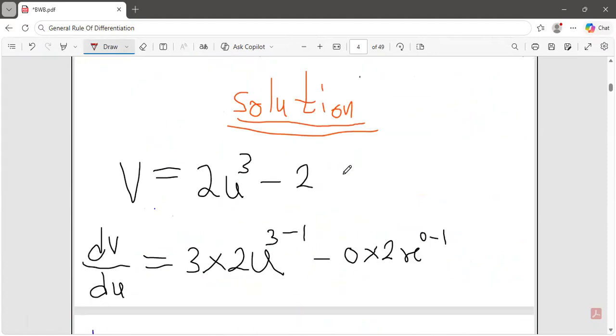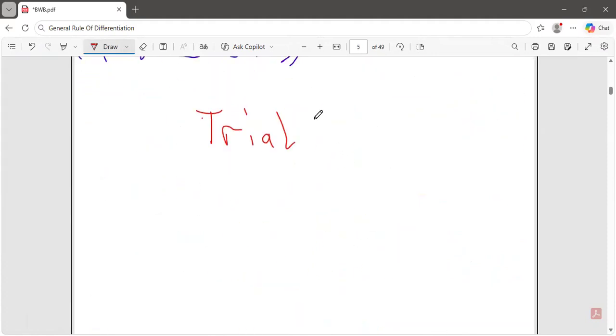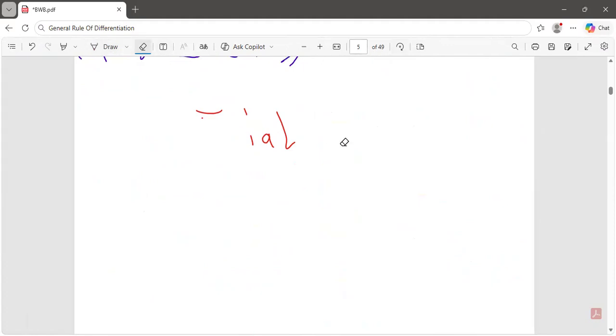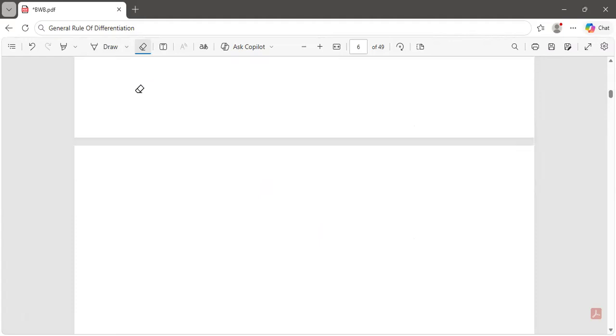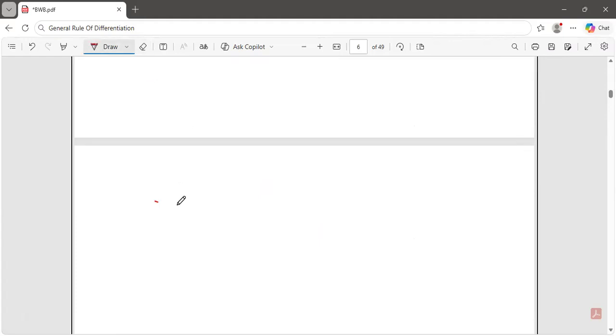So this is our trial 4. Let's quickly write trial 4 on page 6.